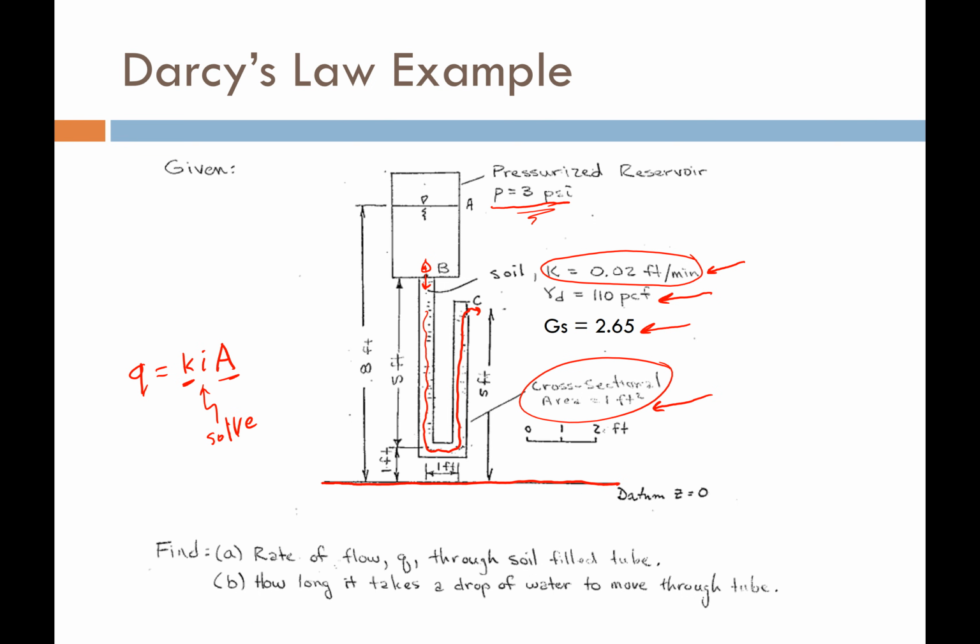So what we really need to solve for is time, and that's simply going to be the length divided by the seepage velocity. So the time is the seepage length through the pipe divided by the seepage velocity of the water. So those are the two tricks that we need to solve for this system.